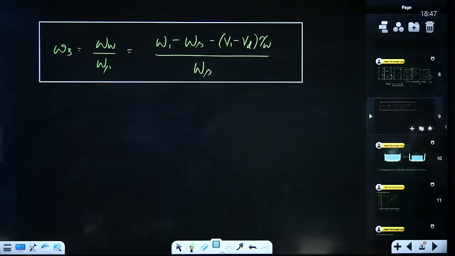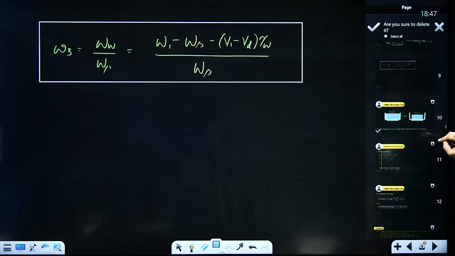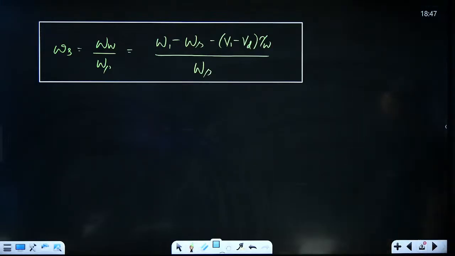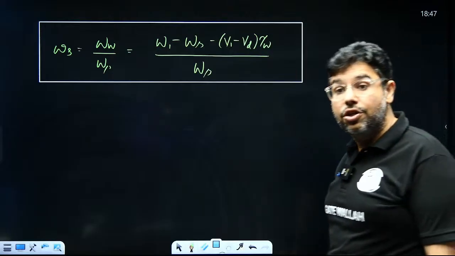Now, using this shrinkage limit data, we can calculate a few more parameters. What? We can calculate the GS of the soil as well. Using this data, I can calculate GS also.